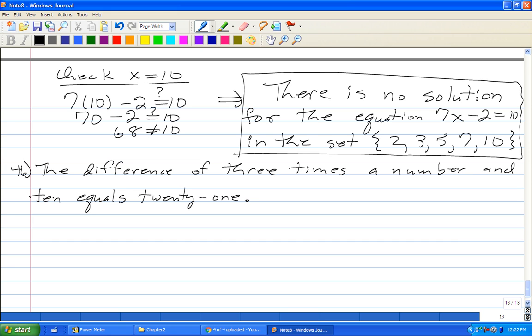In exercises 44 through 58, change the word statement into an equation. Find the solution, if any, in the set of 0, 1, 2, 4, 5.